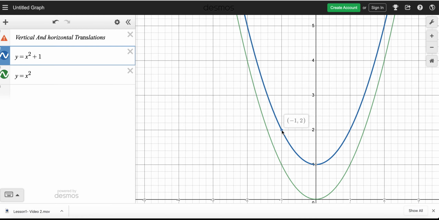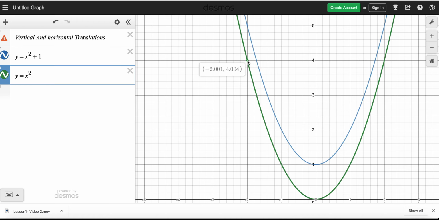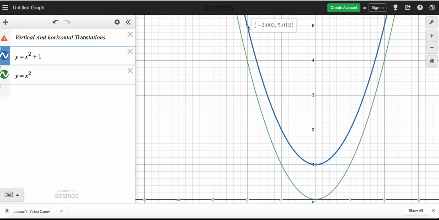However, y is 2. So same x values, but to all the y's we add 1. So for example, on the green curve, the original one, negative 2 was 4. Now I would anticipate that for the blue curve, which is the transformed curve, for x equals negative 2, it's only shifted 1 unit up, so it's going to be 5. So it's negative 2 and 5.